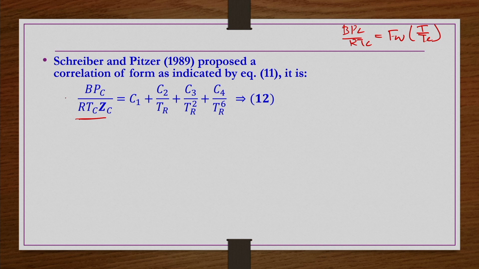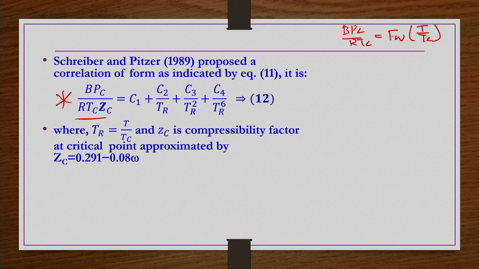This is the correlation they proposed for non-spherical molecules, where Tr is the reduced temperature, that is T by Tc, and Zc is the compressibility factor at the critical point, approximated by Zc equals 0.291 minus 0.08 omega. Zc is a function of omega.